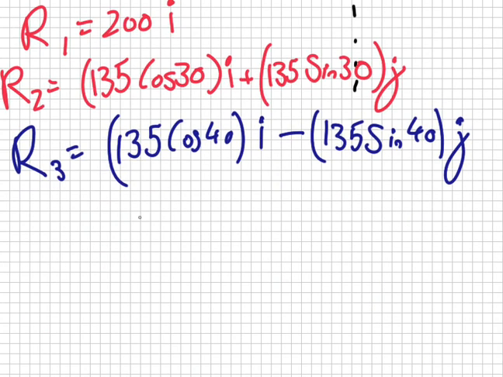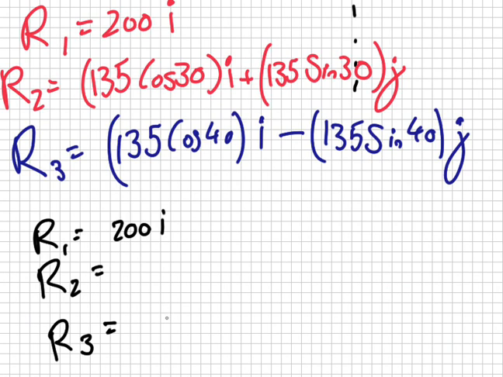Let's see. So, R1 is still 200i. R2? Do we have R2, please? I can give you R3. If I wanted R3, I'd ask for R3. Yeah, give me R3 if you have it. 103.42 i minus 86.78 j.